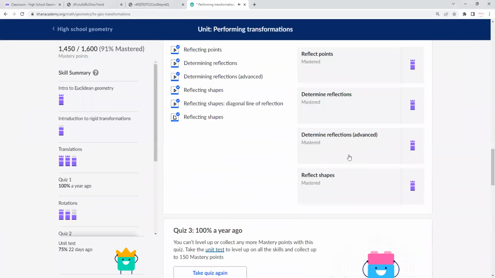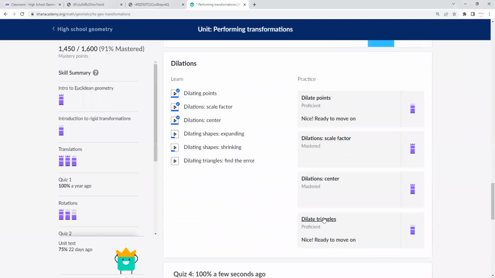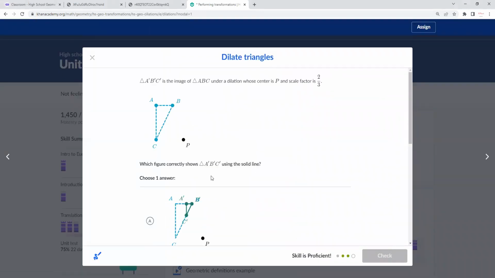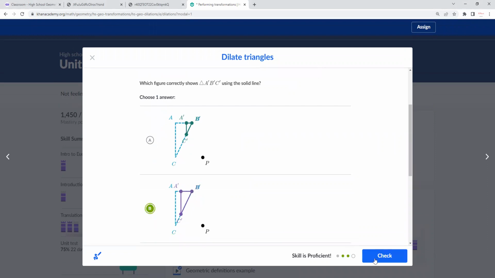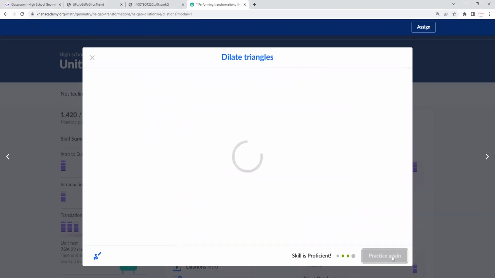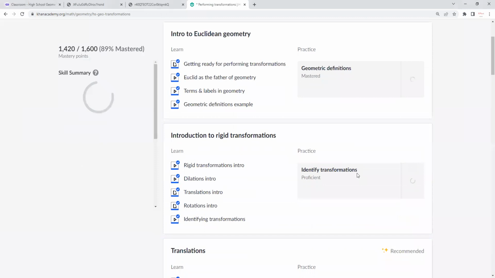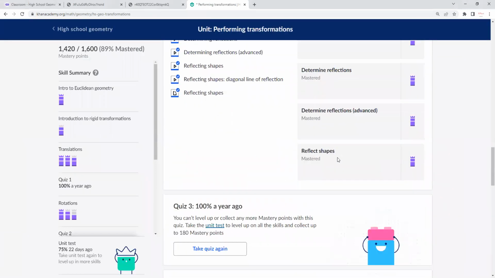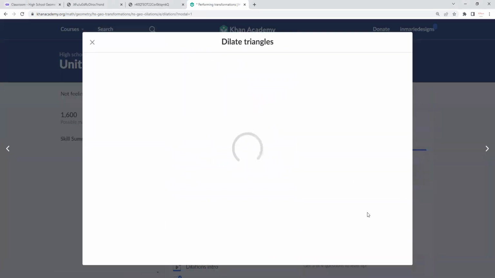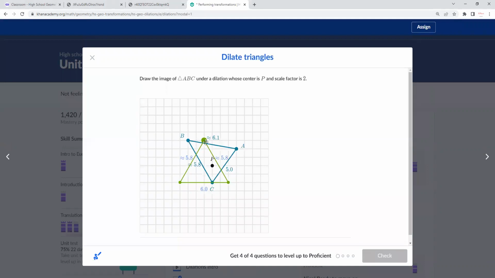Also, one more thing. Dilating triangles, right? These are super easy. Just count how far. Okay, so it tells you the scale factor is 2, and the center of dilation is P. So count from point P. Point C, for example, is 2 units down.